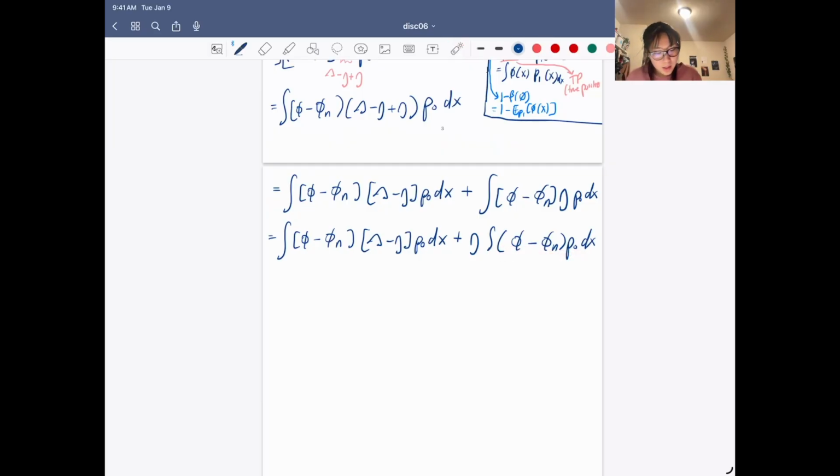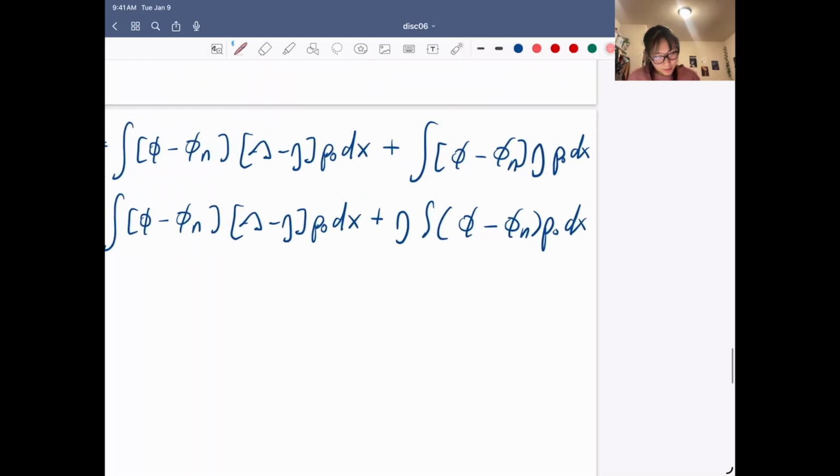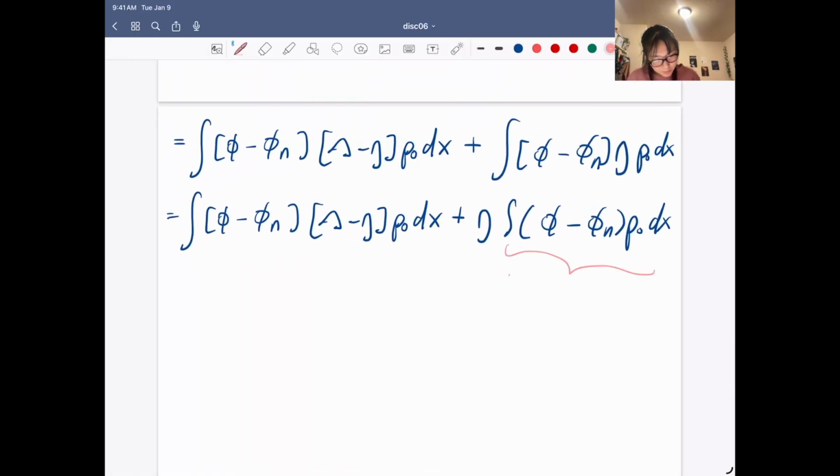And so because we made that switch, I can actually turn this into, so everything's being multiplied by ida, and we have phi p0 d of x minus phi n p0 d of x.